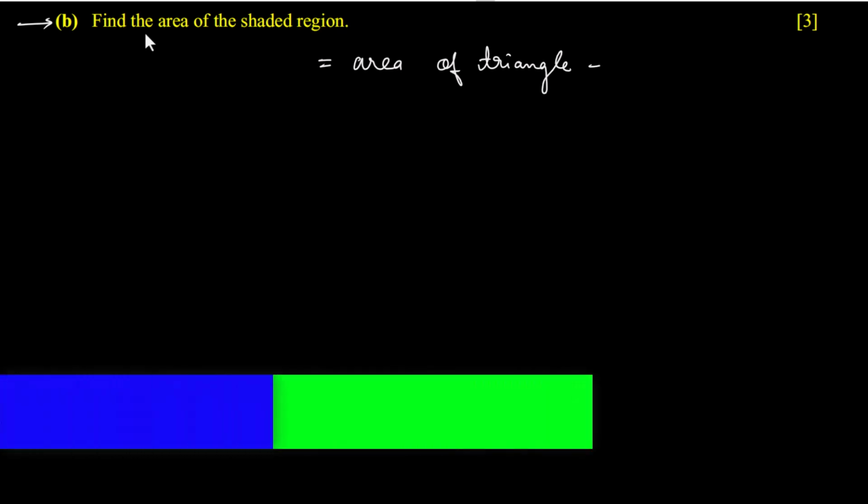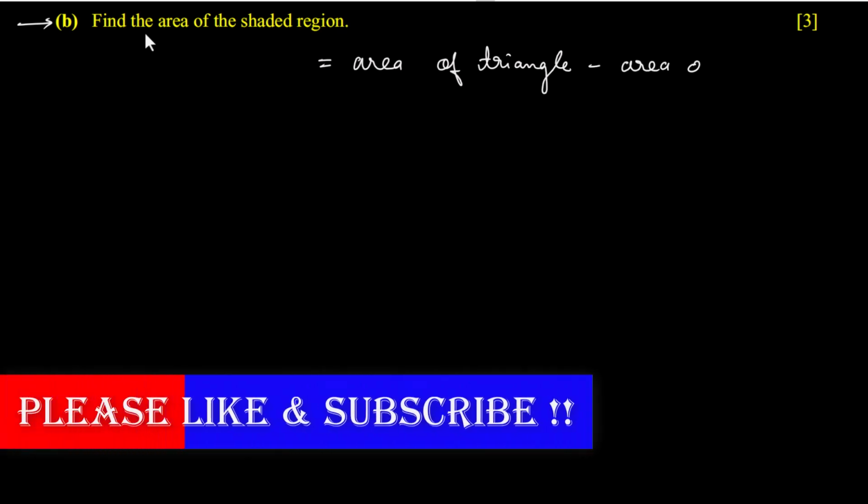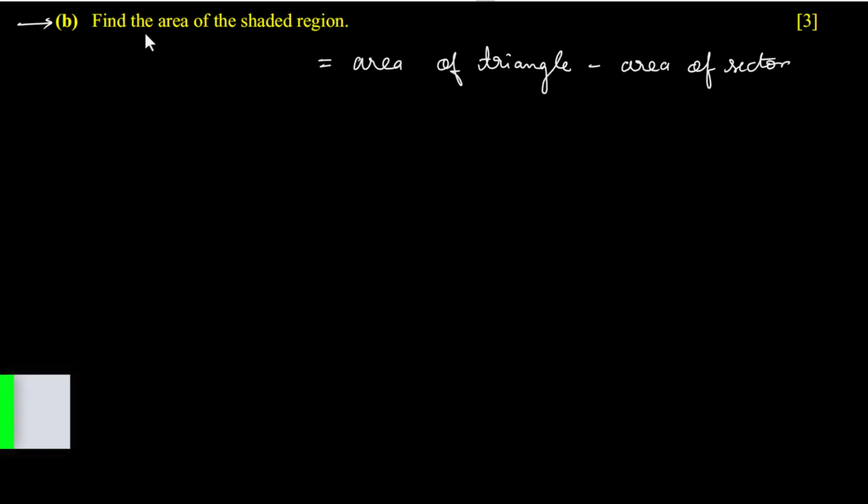So here is the B part. Find the area of the shaded region. For the shaded region, we need to find the area of the triangle, and then subtract the area of the sector from that, and then we get the area of the shaded region.